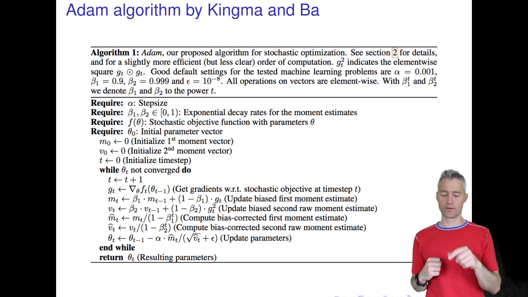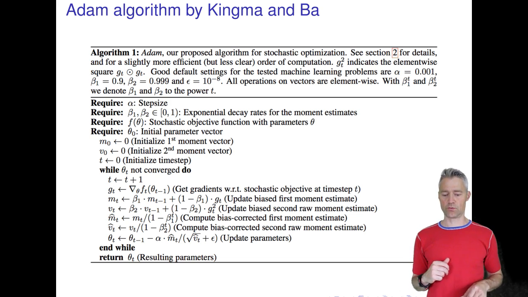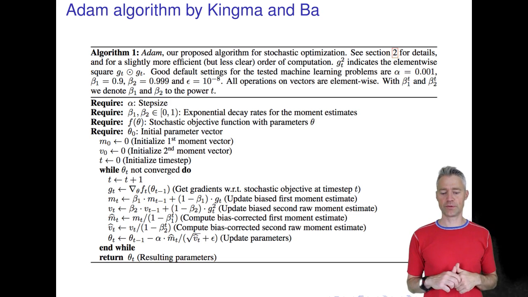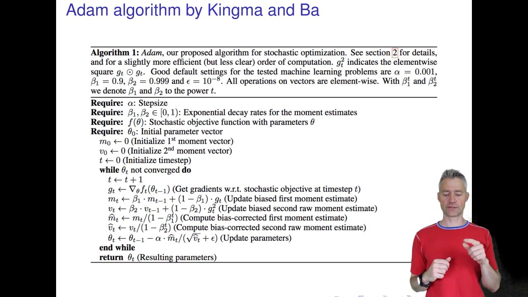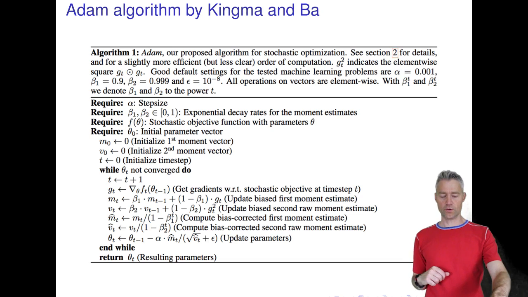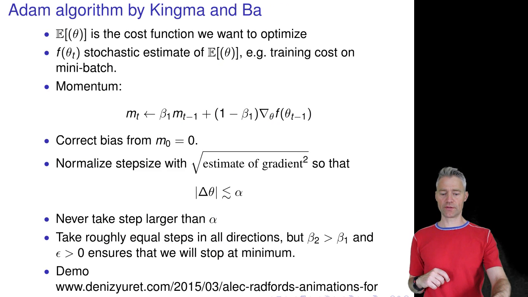You can calculate that like a geometric series, so you divide by 1 minus beta 1 to the t-th power, where t is the number of gradient steps you have made. And then for your final update, you normalize your step size by the square root of the second moment of the gradients. Yeah, so this is more or less what I've said here.